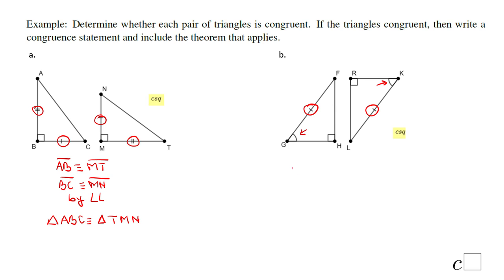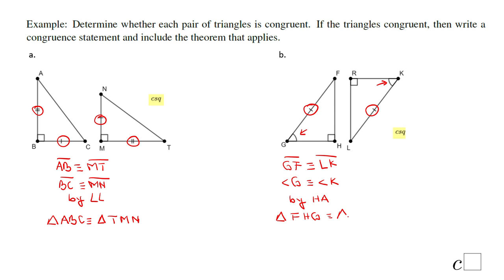So let's write this: segment GF congruent to segment LK, angle G congruent to angle K, therefore by hypotenuse-angle, triangle FHG, let's say like that, FHG congruent to what?